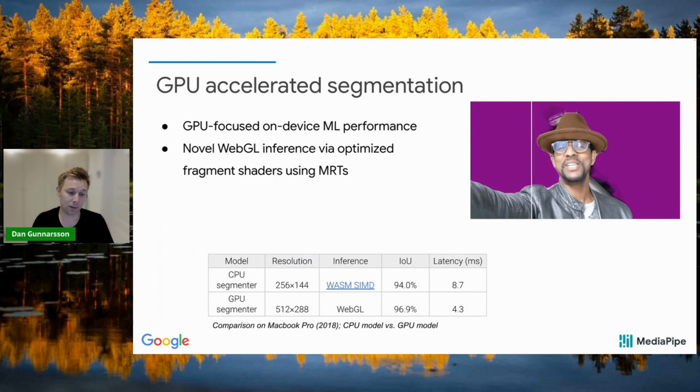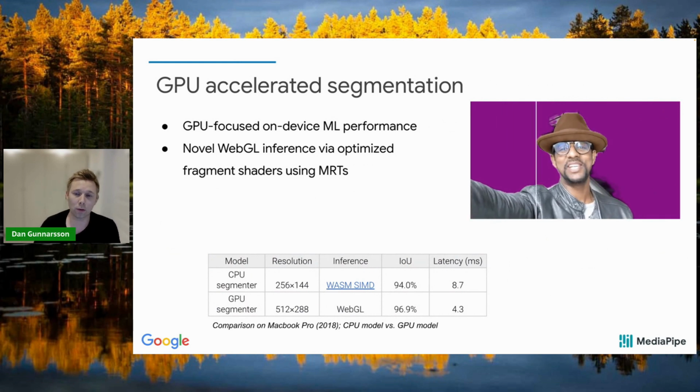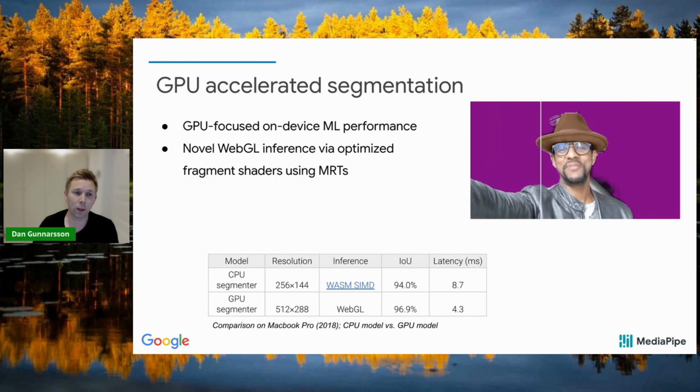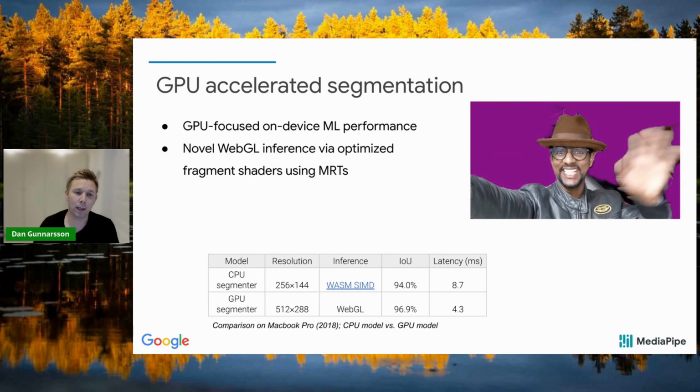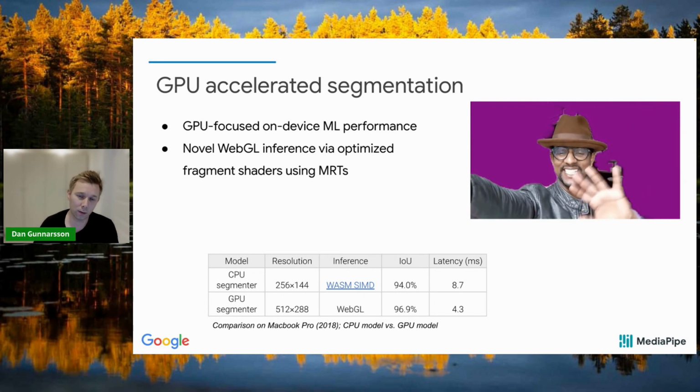A next step of acceleration that enables us to run significantly larger models is GPU accelerated segmentation. Here we are offloading the inference work to the GPU, and that is really beneficial, but it's also quite difficult.